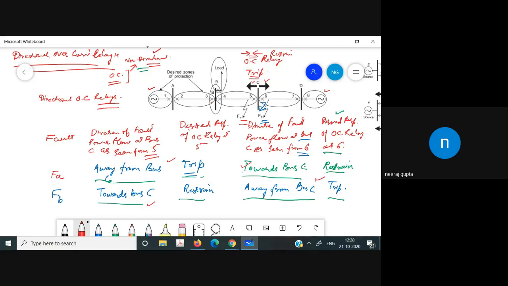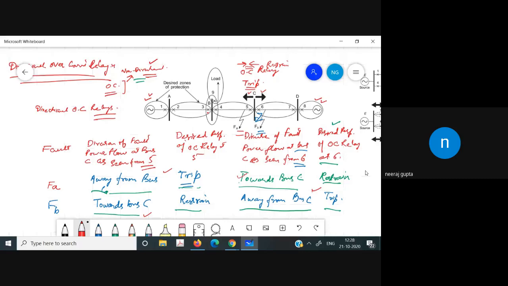This is the example of the directional overcurrent relay in the double end fed system. Now, other systems in which directional relay is used, we can discuss.